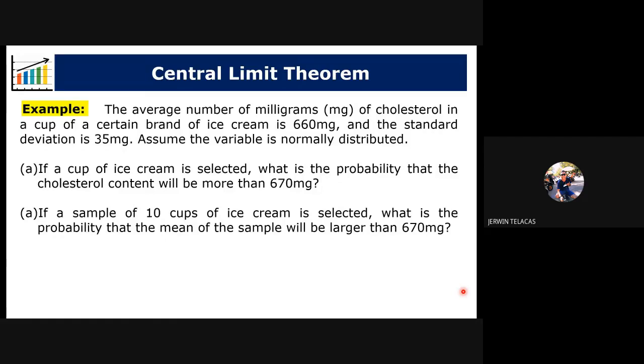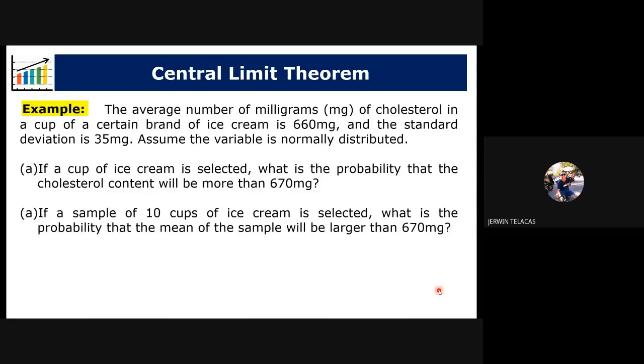So the average number of milligrams of cholesterol in a cup of a certain brand of ice cream is 660 milligrams, so that is its mean. And the standard deviation is 35 milligrams. Assume that the variable is normally distributed. First question, if a cup of ice cream is selected, what is the probability that the cholesterol content will be more than 670 milligrams?